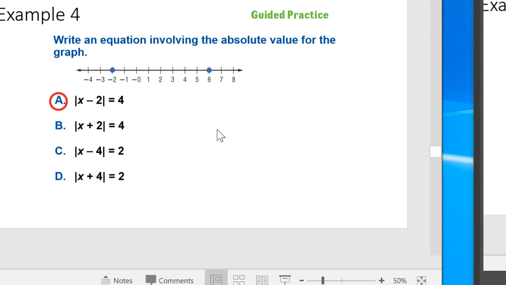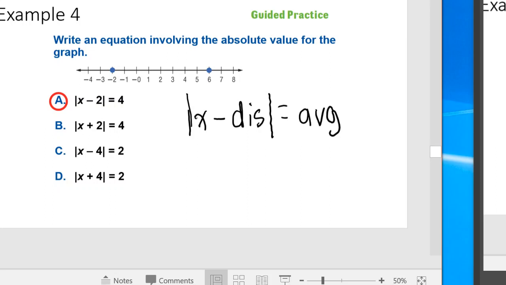If you're given a graph with a number line, and they say find the absolute value equation, the formula for doing that is always going to be the absolute value of x minus distance, close the absolute value sign, is equal to the average.